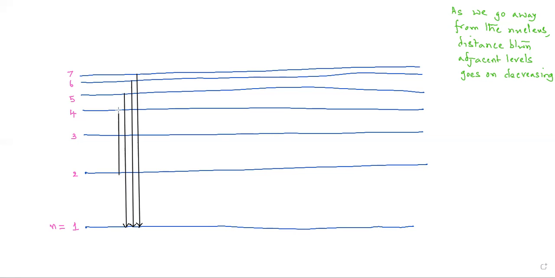Then 4th to 1st. Let us take from 3rd to 1st. Even 2nd to 1st. Okay.